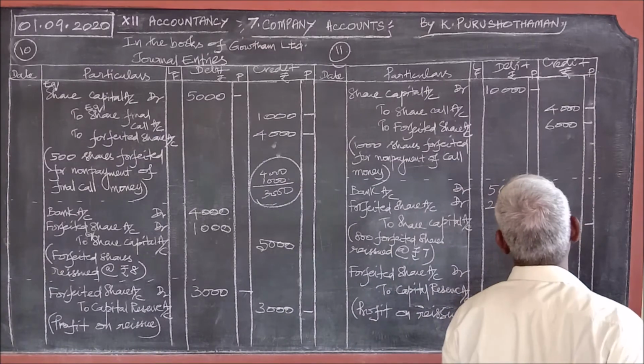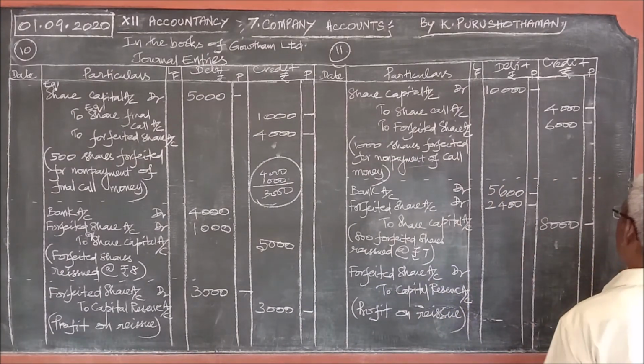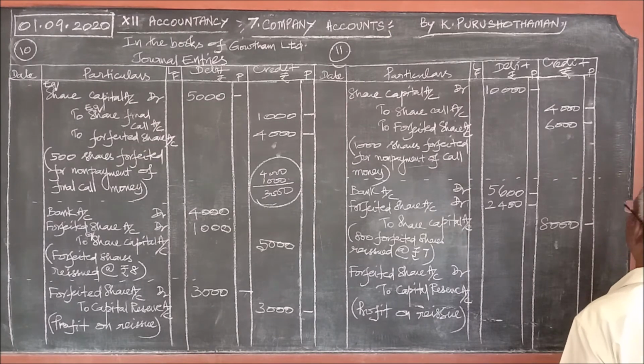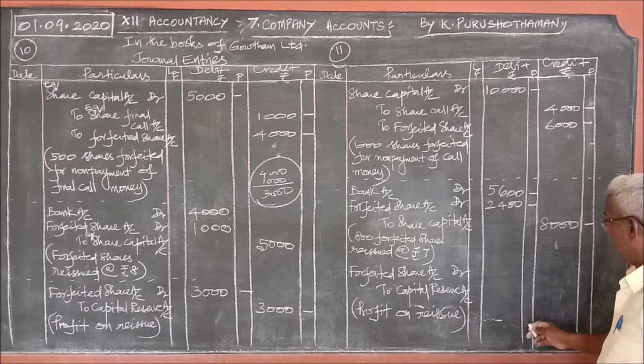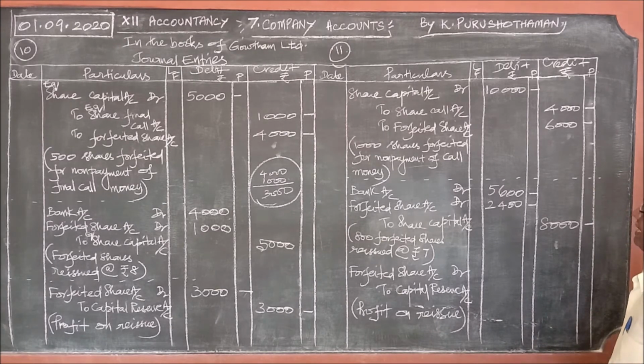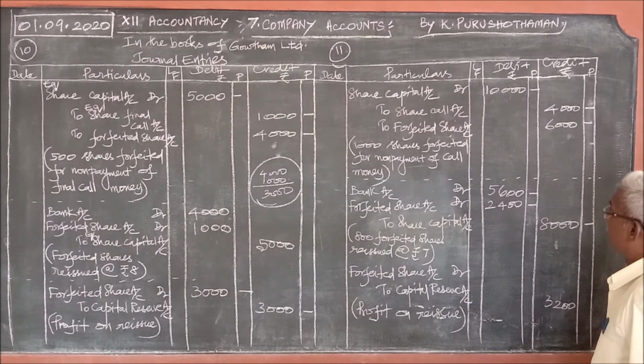Likewise here, the number of forfeited shares. How many shares? 800 shares. For 800 shares, what should be the amount that is pending? 800 into 4, 3,200 rupees pending.